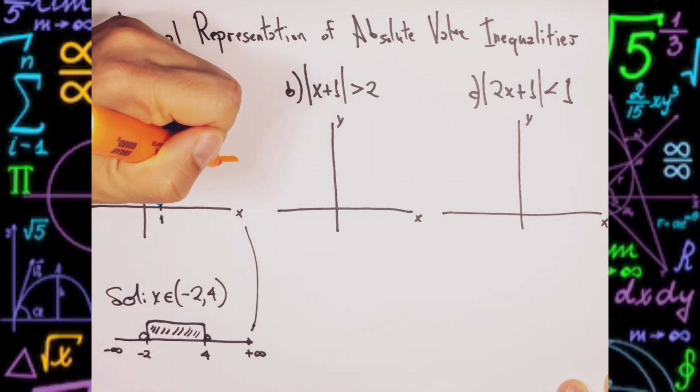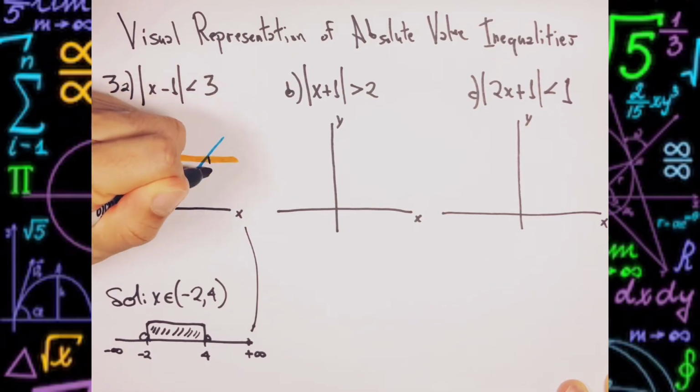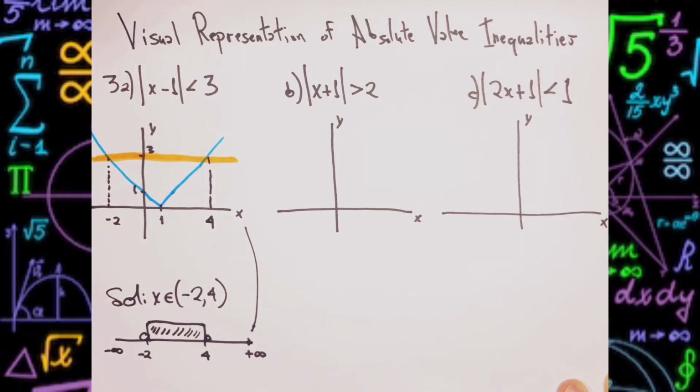The problem is to compare these two functions, the absolute value of x minus 1 with 3, and see where the two meet. As you can see in the xy axis, they meet at two precise points, -2 and 4. Wow, coincidence, right? Looks like the real points on the real line. That's where they intersect, -2 and 4.